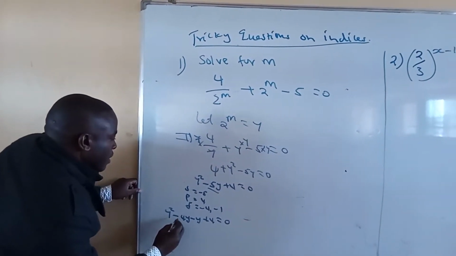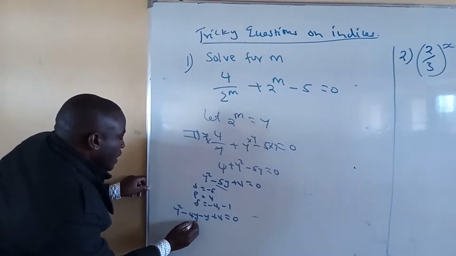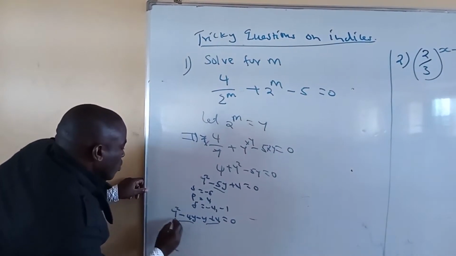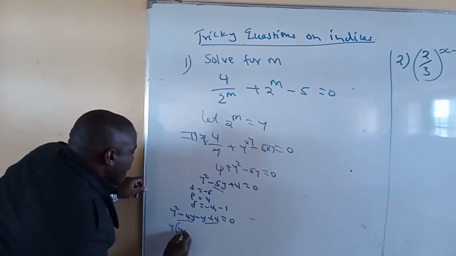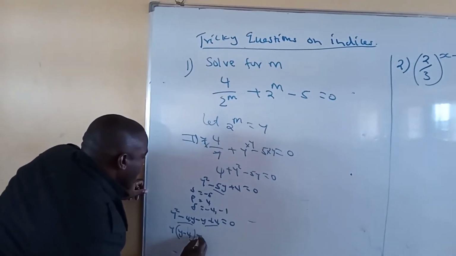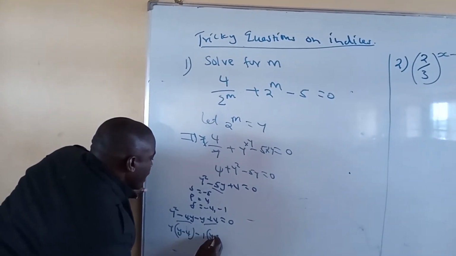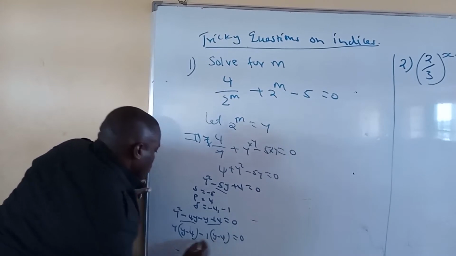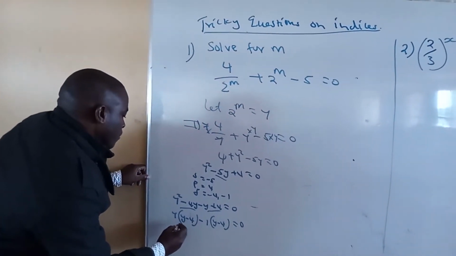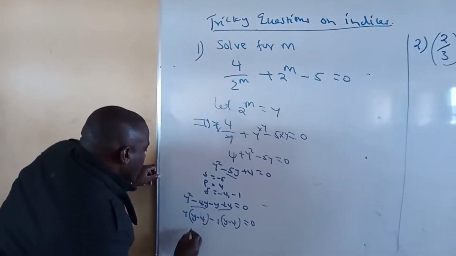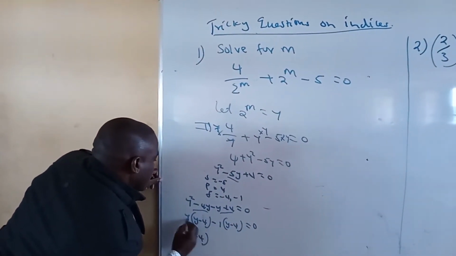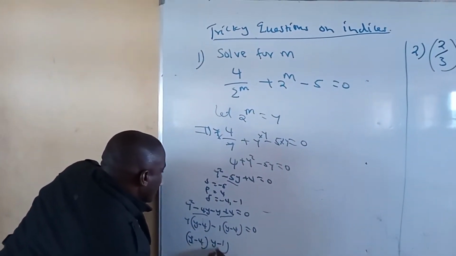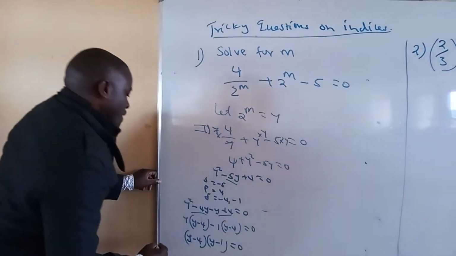So here I take the 2 of them, that is y as a common factor, into y minus 4, then minus 1 into y minus 4 equals to 0. So this tells you that either y minus 4 and the outside is y minus 1 equals to 0.